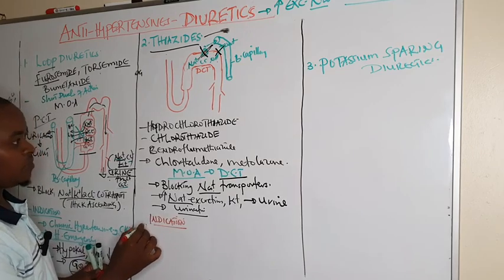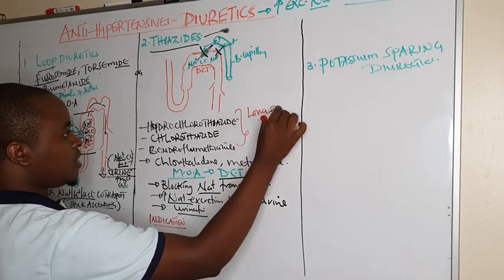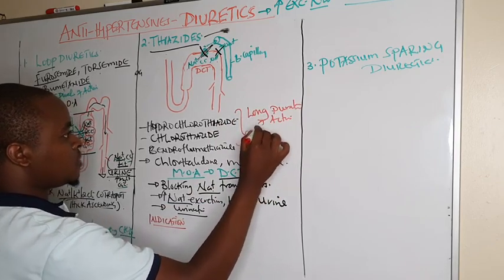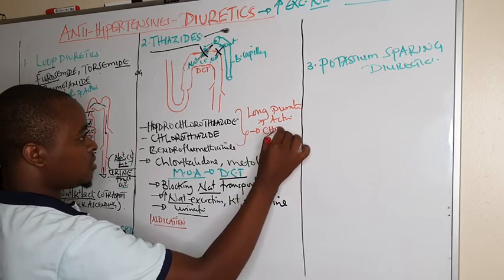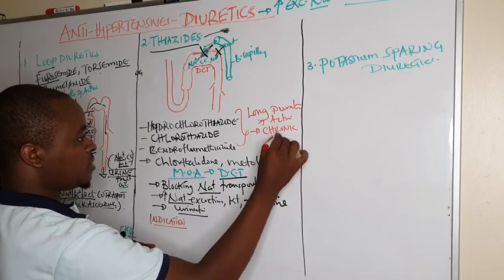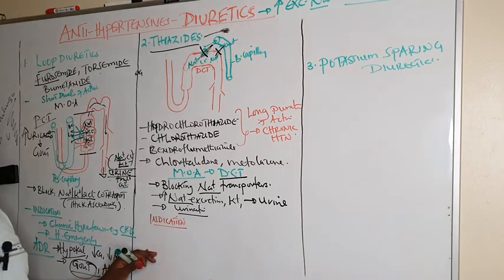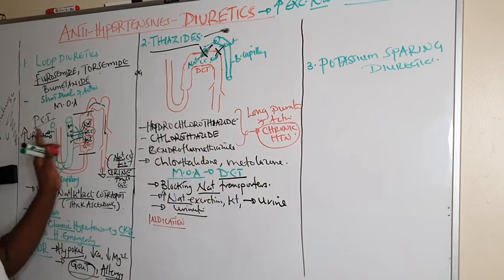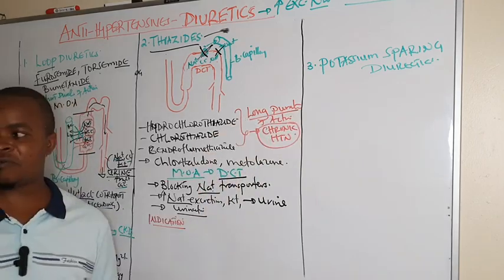We are using them because these drugs have a long duration of action. So we can use them in the treatment of chronic hypertension. They are preferred over loop diuretics because of their long duration of action.